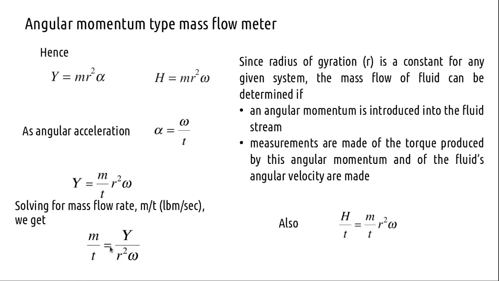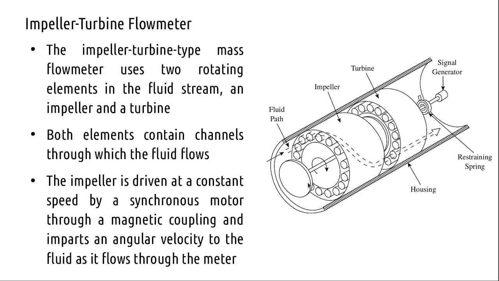Now an extension: based on that we discussed the impeller turbine flow meter, where you have the fluid which is coming in through this path, and then the impeller, this is the impeller, and this unit is the turbine. The impeller is driven at a constant speed.